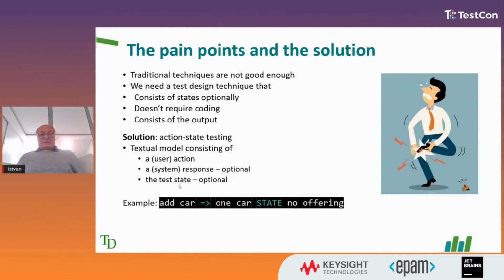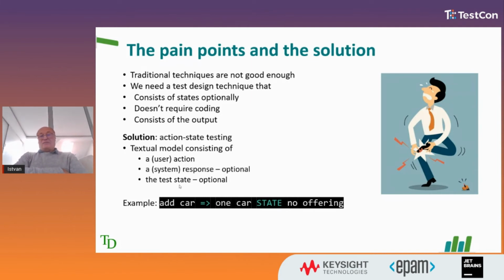So there are pain points in applying traditional methods. And we need a test design technique that consists of states only optionally, which really doesn't require any coding, and consists of the output in the model. And we had a solution called action state testing. This is a textual model that consists of steps, and each step consists of 3 elements.